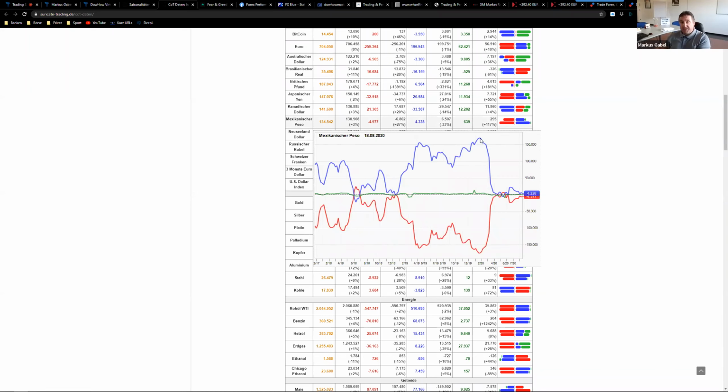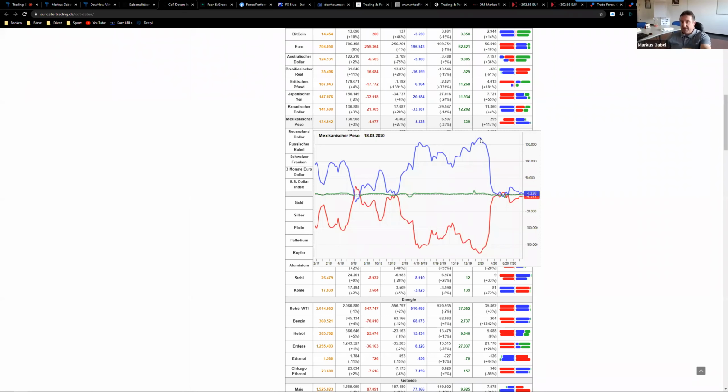So the Mexican peso was too expensive. The price went up, and the commercials like the Federal Reserve, central banks, and huge traders around the world built up huge short positions. That was an extreme position. So the prediction was the Mexican peso must come down. Let's see what will happen.